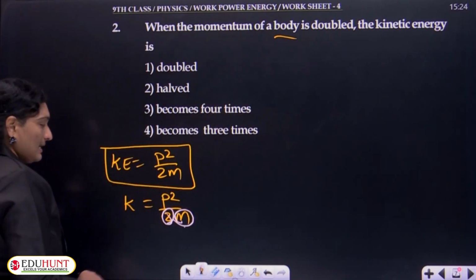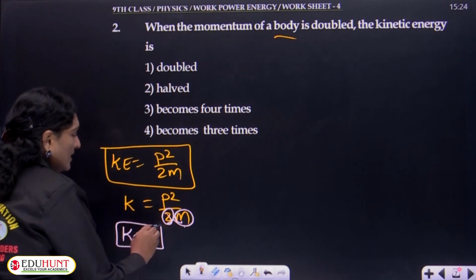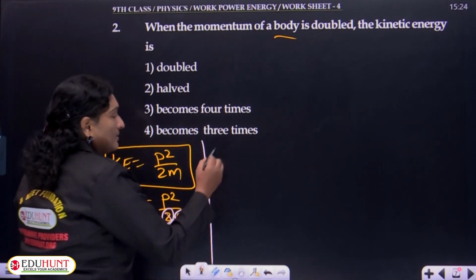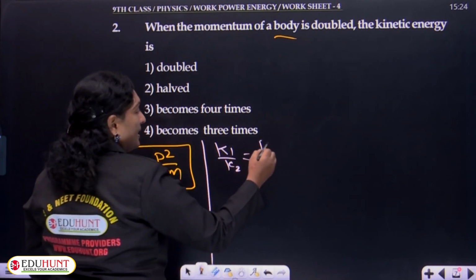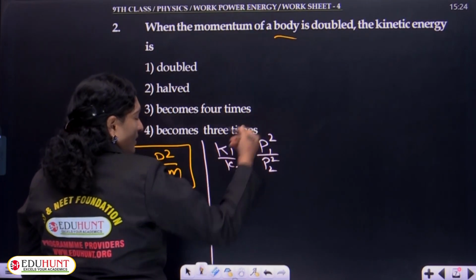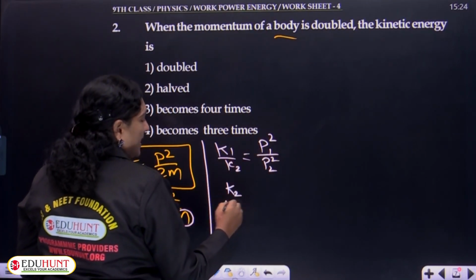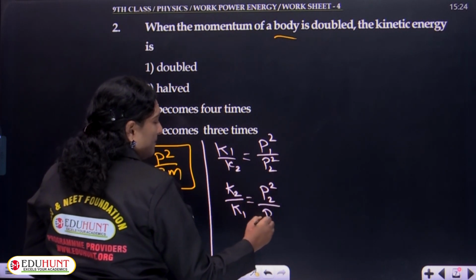So, mass remains the same. So, we can conclude that K is proportional to P square. If K is proportional to P square, then we have K1 by K2 equals P1 square by P2 square. Or taking the reverse values, K2 by K1 equals P2 square by P1 square.